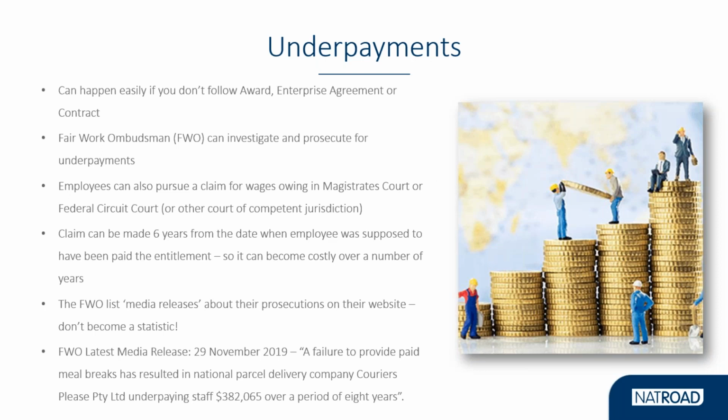And one of the latest releases on the FWO website, dated the 29th of November, the headline is, "A failure to provide meal breaks has resulted in a national parcel delivery company, Couriers Please Proprietary Limited, underpaying staff in an amount of $382,065 over the period of 8 years."